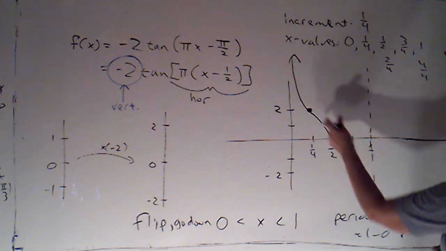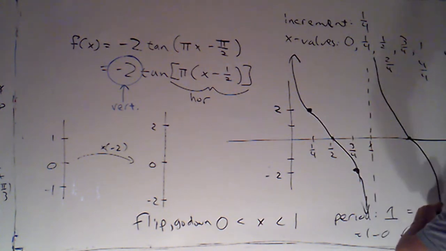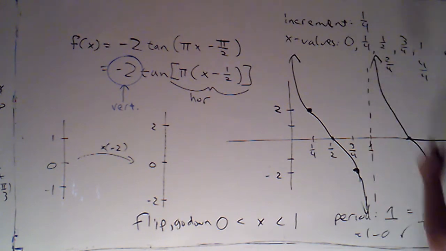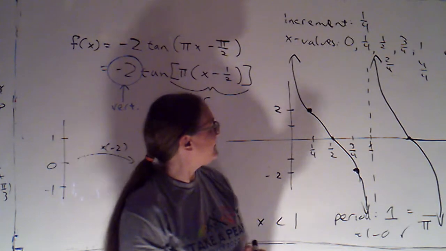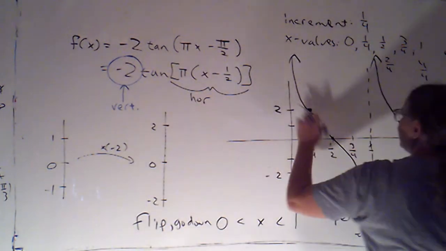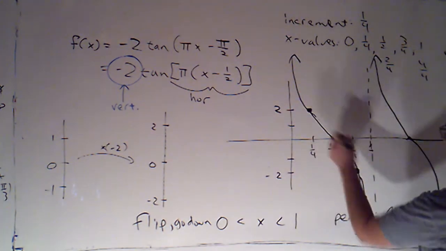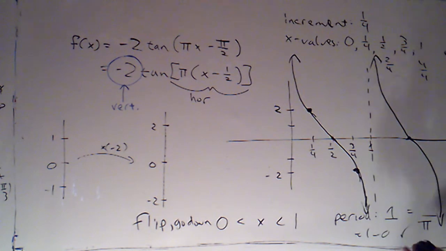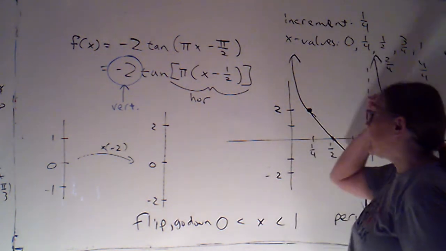I've only asked you to label the points in 1 period, so you can just sort of draw this one freehand if you like. If you prefer to label the points in the 2nd period, that's totally fine. Okay, excellent. Should be a little bit smoother than that. My hand was shaking. It doesn't really bobble back and forth. It's just a nice smooth curve. Okay, excellent. So that's our transformation for tangent.